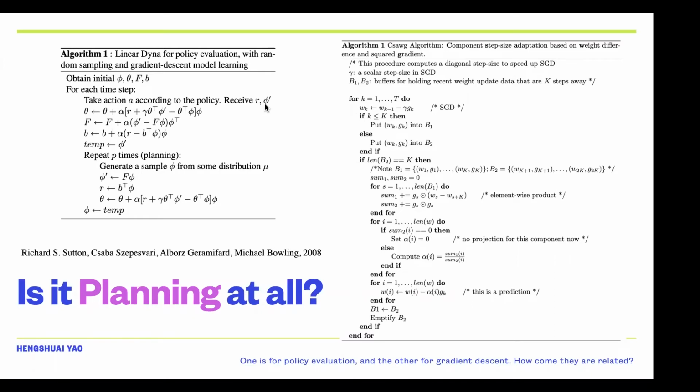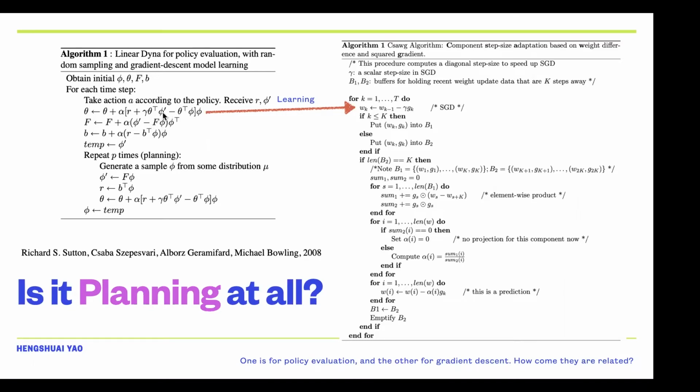It appears that in Chug, at every time step, we also have an online update procedure, which is GD or SGD. So this is a one-to-one correspondence, the learning part. Linear Dyna also has another part, F. F is basically a transition matrix, or transition model. What it does is predict the next feature vector using the current feature vector by projecting on it.